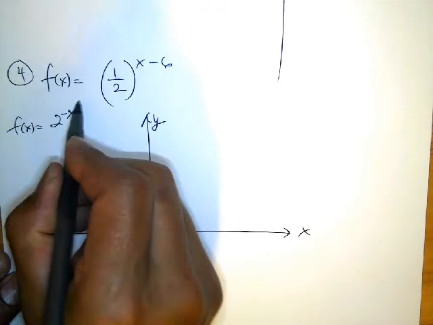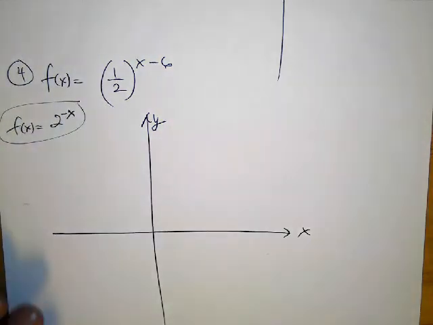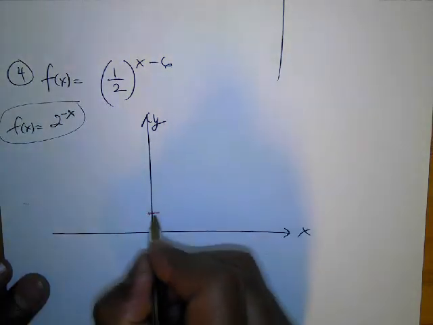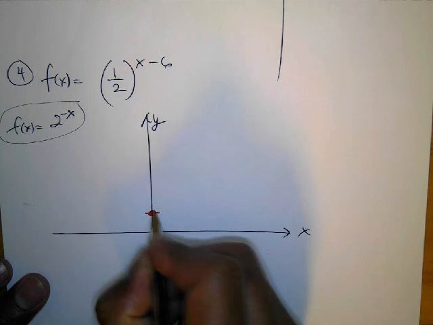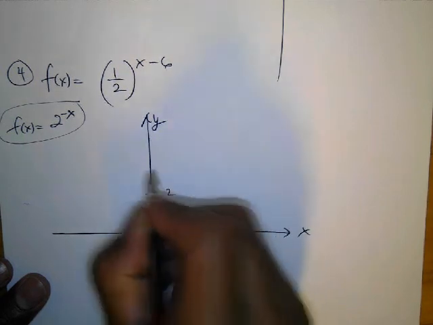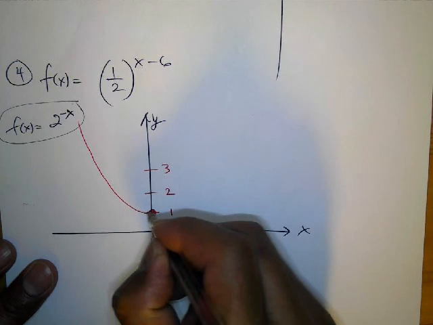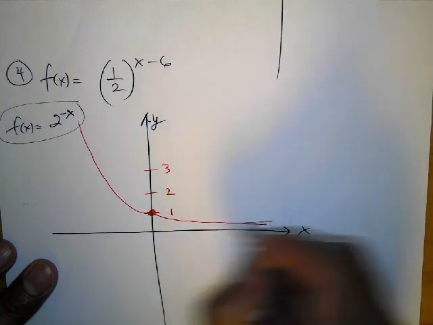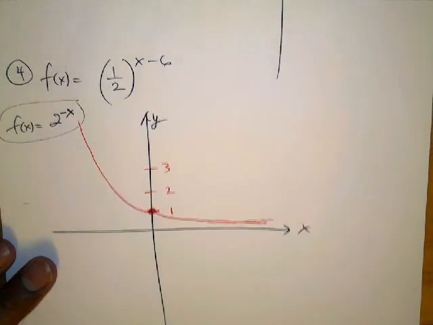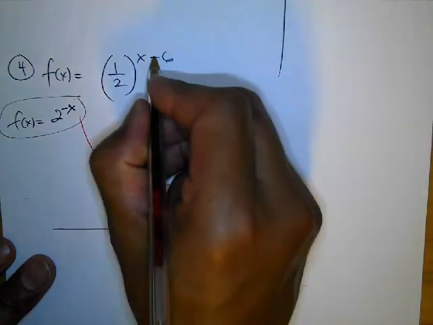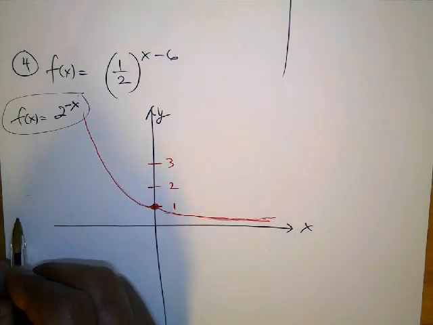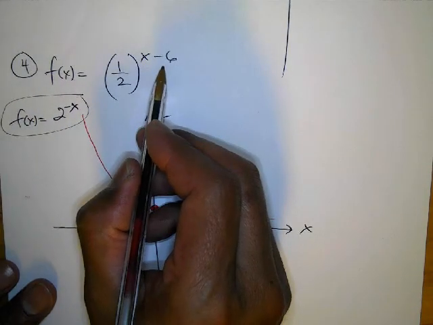You've got to graph f of x is equal to 2 to the power of -1 times x. This part without the -6 is really this. Remember, when it's a negative, that is a decreasing function. So again, the critical point is right here, 0, 1. This graph is a decreasing graph like this, going through that point.